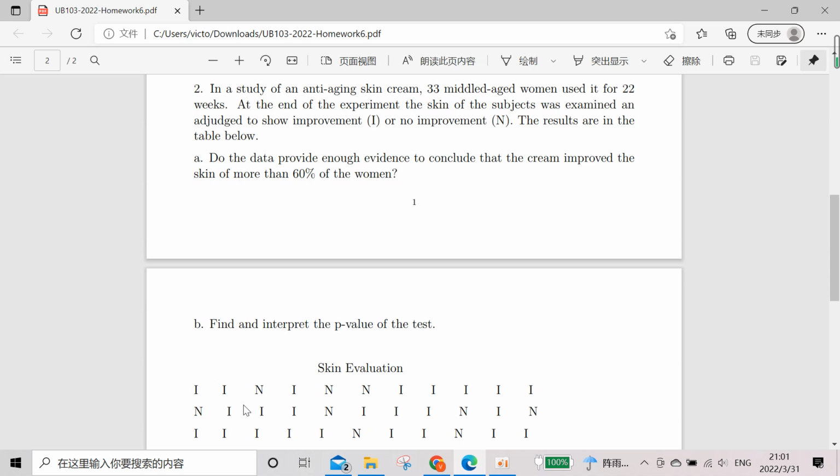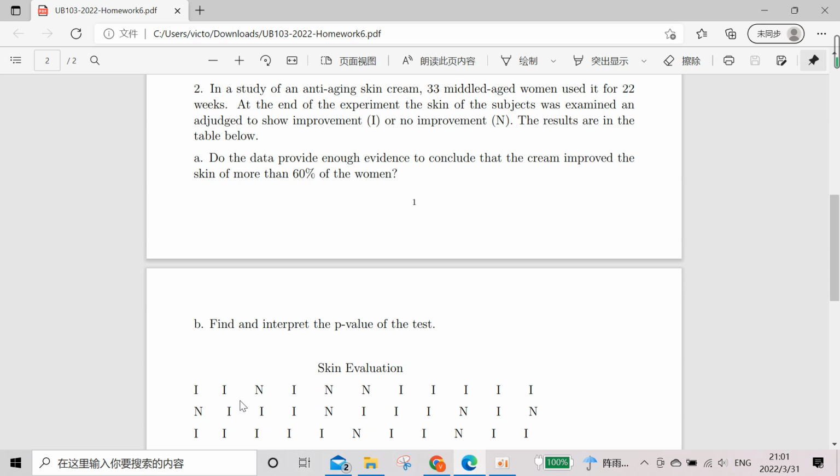So pretty much like the tossing a coin example, what you need to do is first, what is your observation? How many improvements you find, right? That is the number. I would say it's x, right? And then you're going to find what's the expected number.